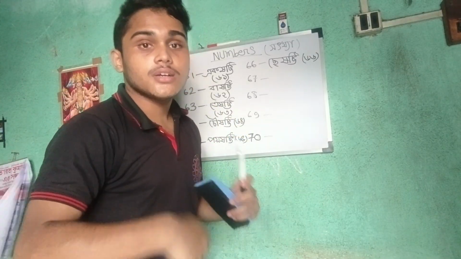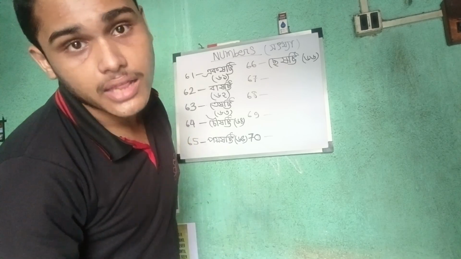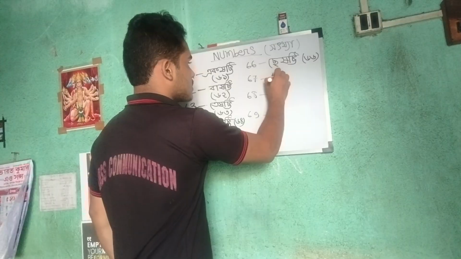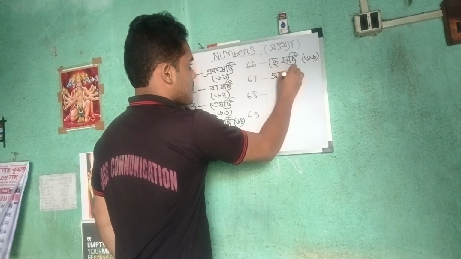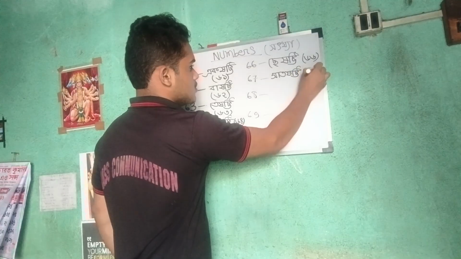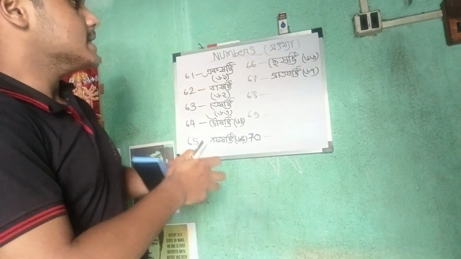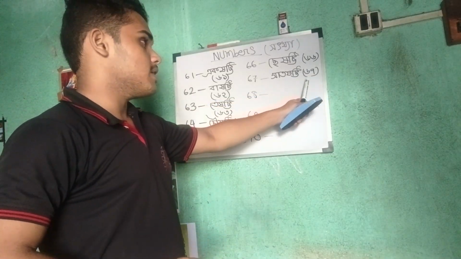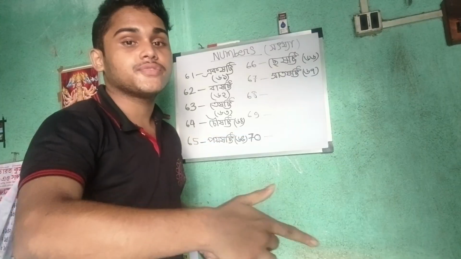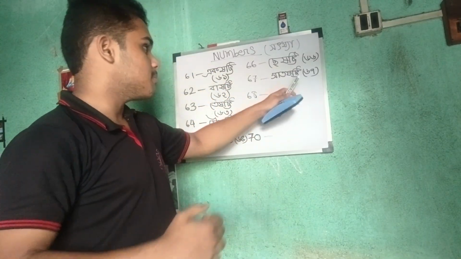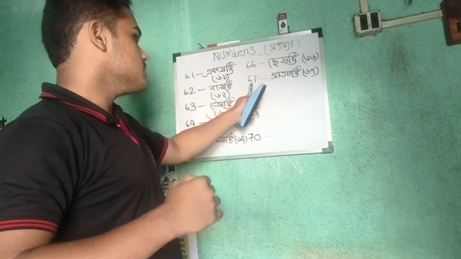67 means sâtôṣôṭ্টি. So this is 6 and this is 7. Hope you understand, because we have discussed it in the previous video where we did numbers from 0 to 9, and we are arranging these numbers to create this.